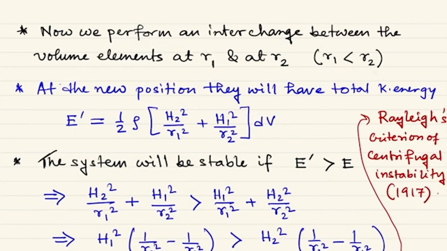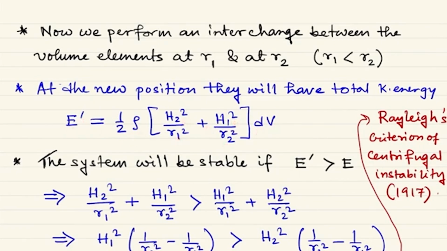Then at the new position, the total kinetic energy, E prime, is half times rho times (h2 square by r1 square plus h1 square by r2 square) dV.